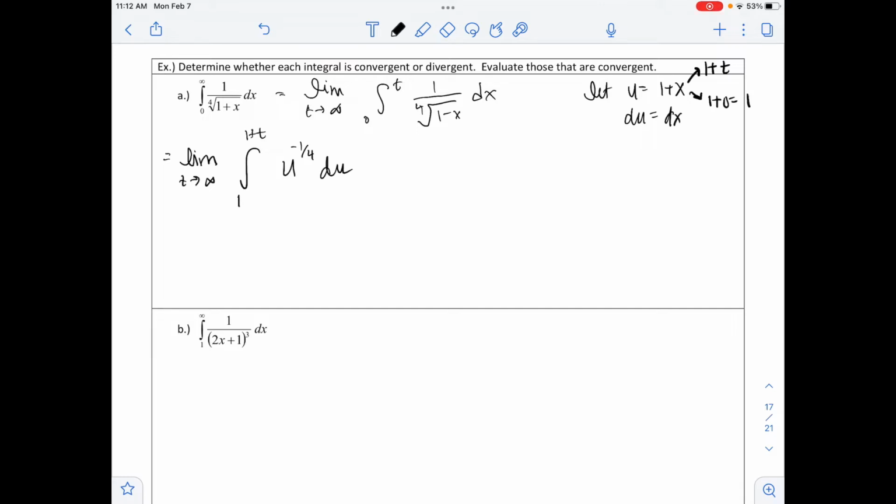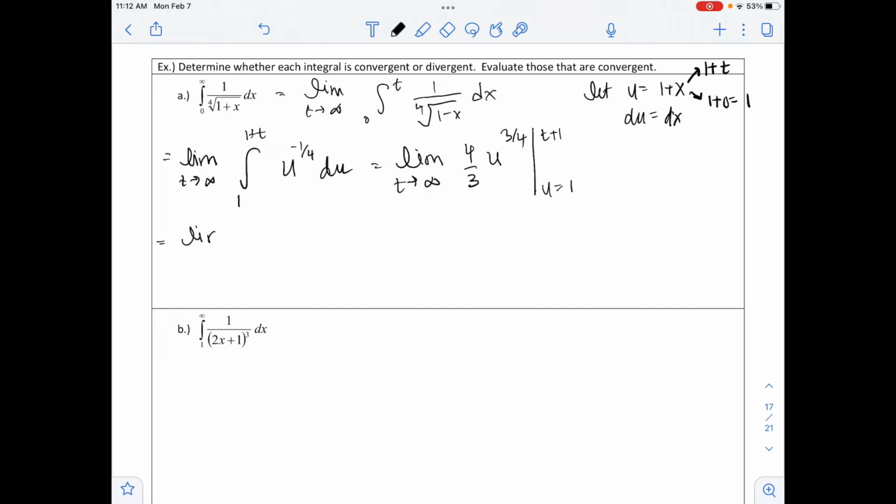So putting those both on. And from here, I can integrate, and again, keep writing the limit. We haven't evaluated the limit yet, but it's going to now be u to the 3/4 times 4/3. And again, we're evaluating this from u equals 1 to t plus 1.